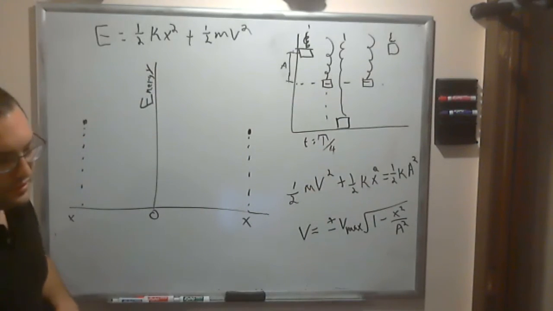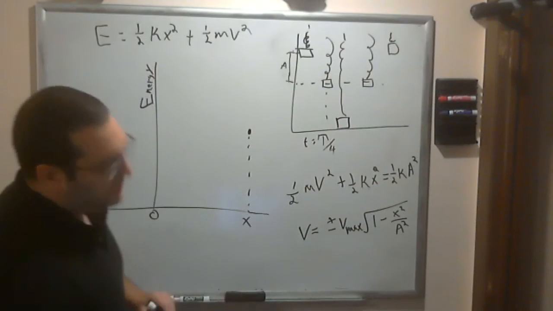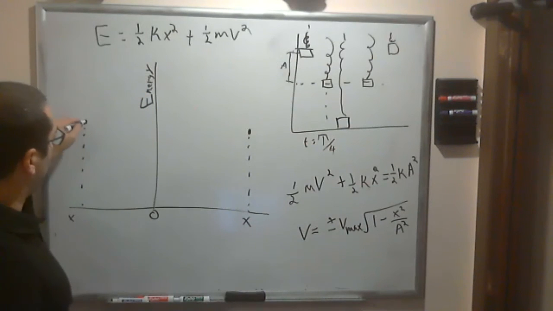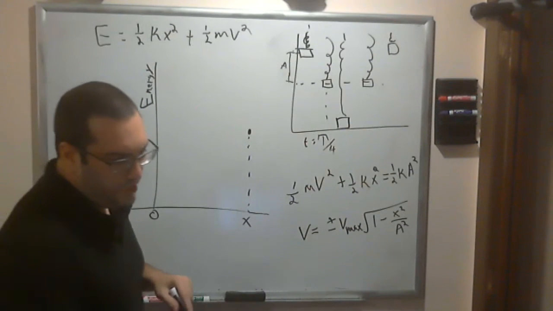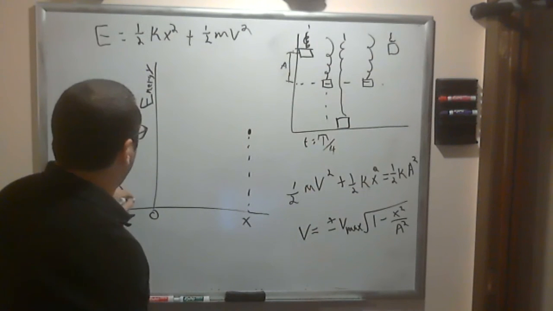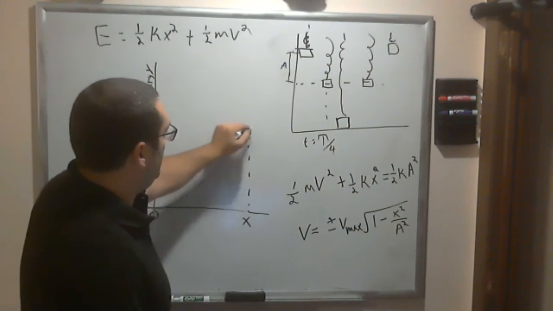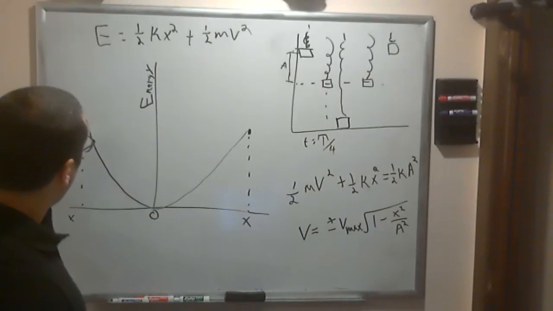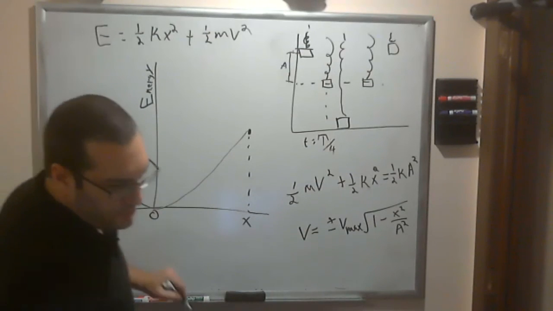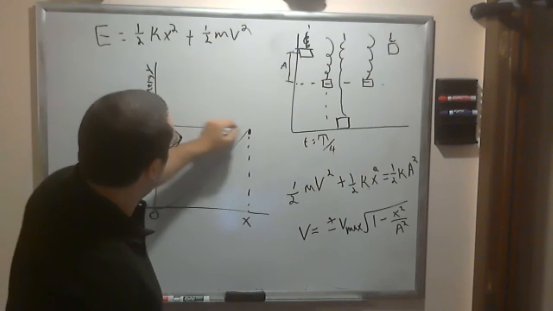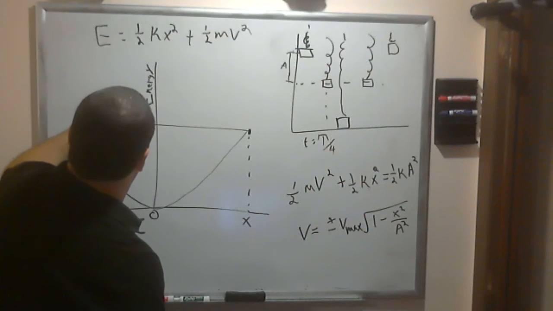And what happens is that over here at the top, it starts out with a lot of potential energy. And then the potential energy drops and it rises back up, right? And it takes this parabolic form. And then the energy at this point is 1/2 K A squared.